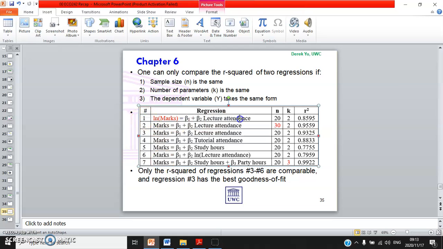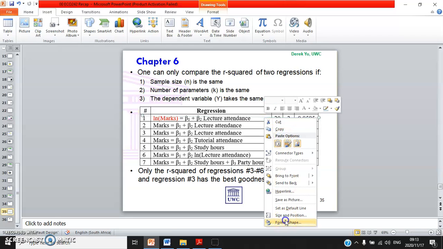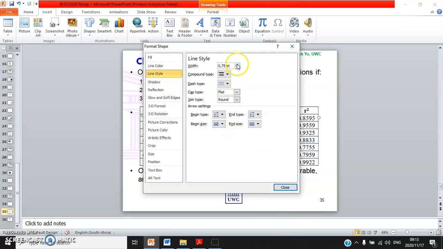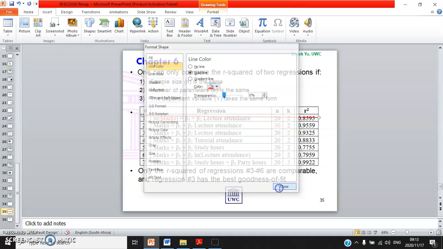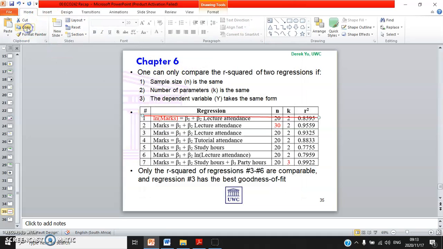So we can say goodbye to the first regression, not comparable with the others actually. Okay. And then you can also notice the sample size is different. For the second regression, it is 30, but it is 20 for the other regressions. So I can say goodbye to the second regression. It is not comparable with the others.